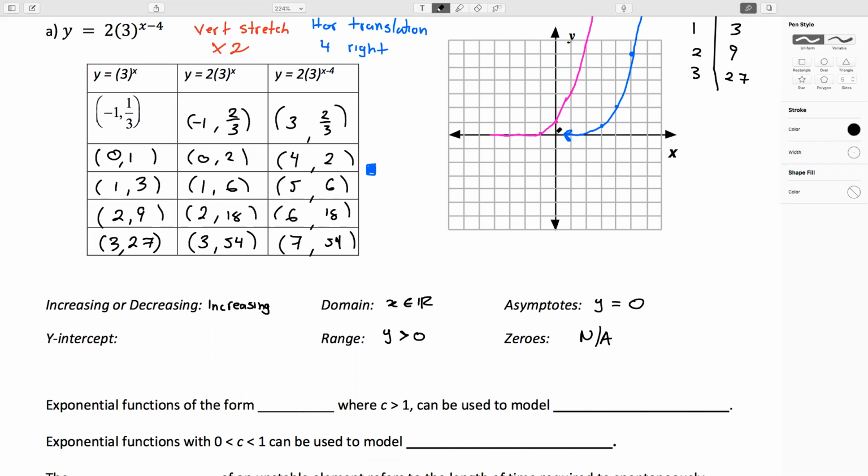In order to find it, we are going to have to plug x equals 0 into our equation.